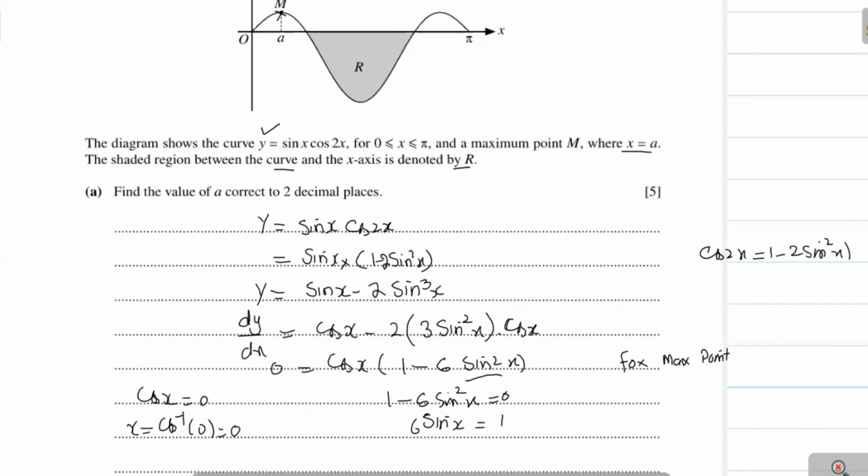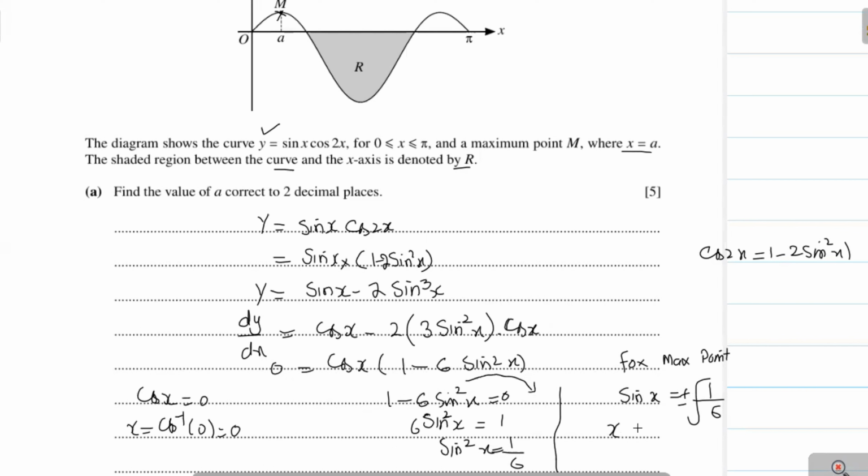We shift this value from left to right side, therefore it becomes positive 6 sin square x. Now we can write sin square x will be equal to 1 over 6, and sin x will be equal to plus minus 1 over square root 6.